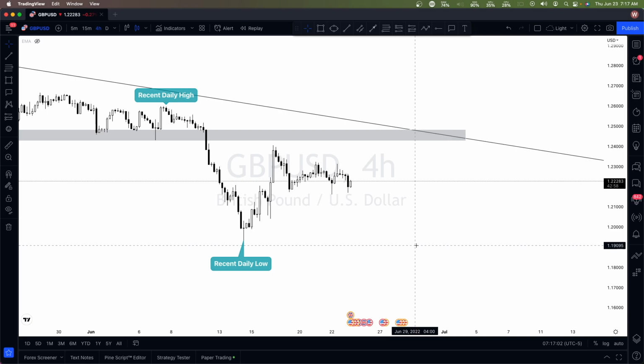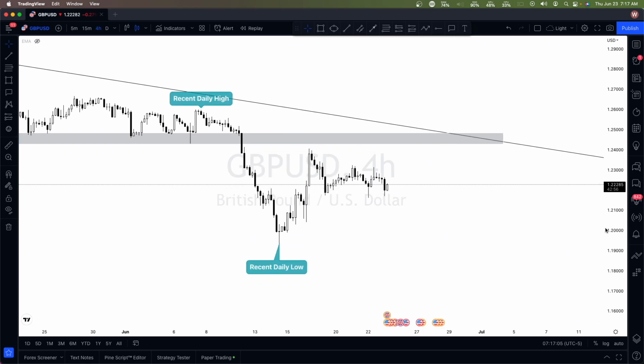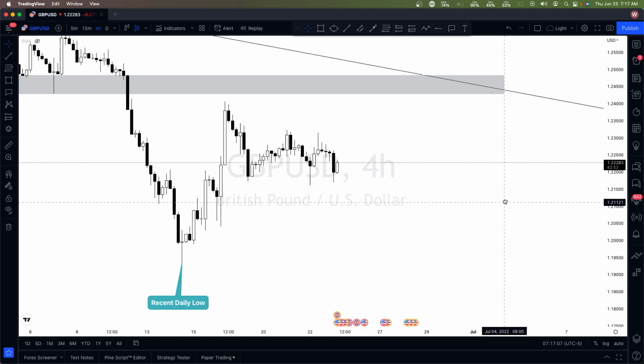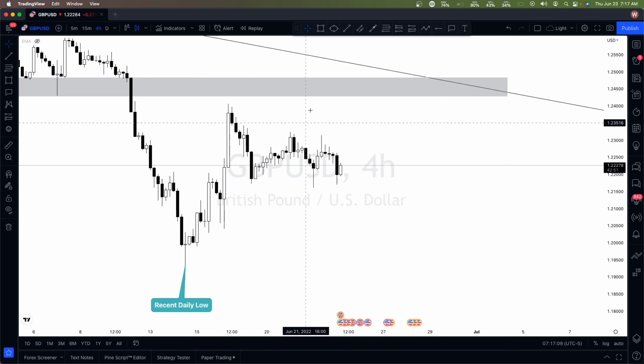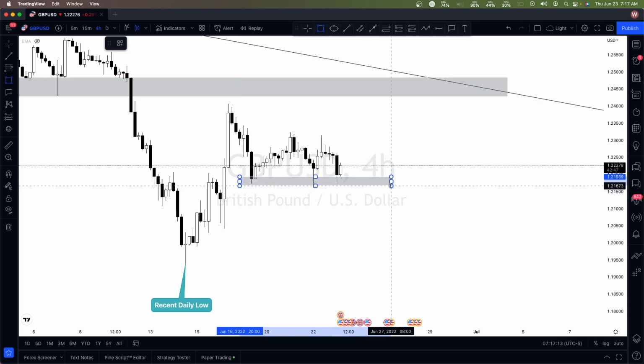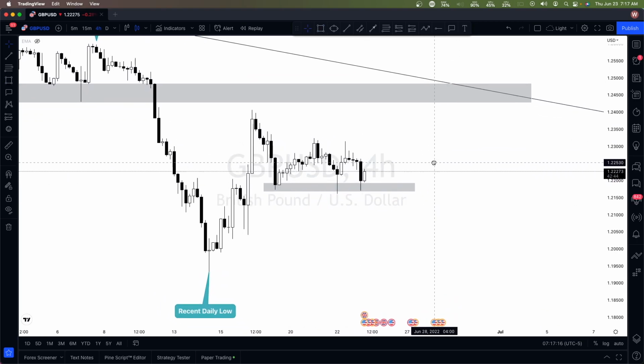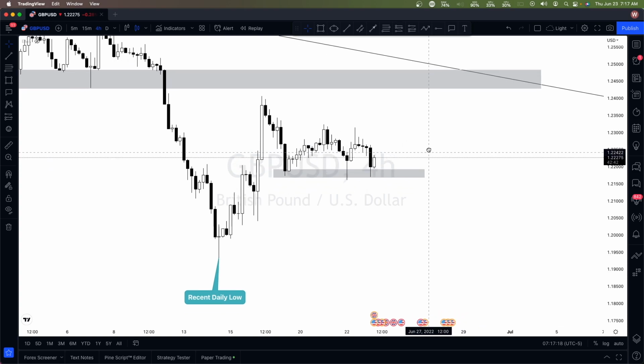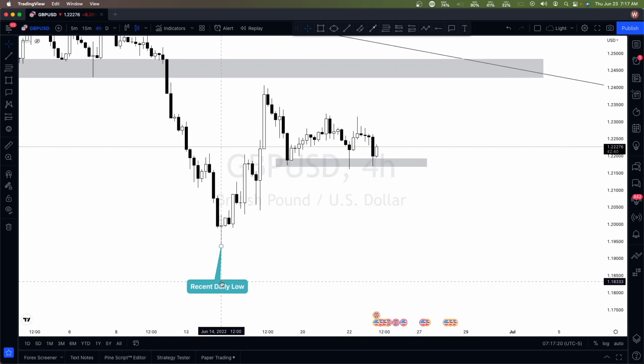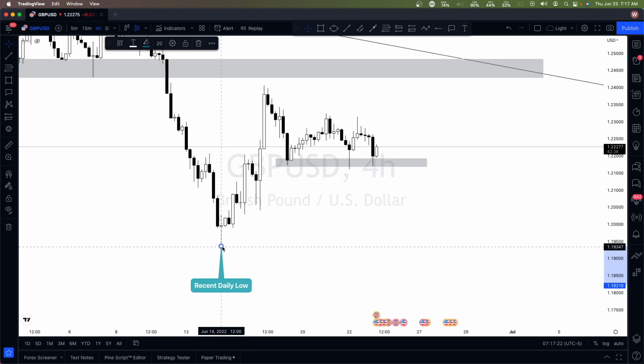And then the recent low and high on hourly 4. Our most recent low is still down here. I do see some more right there, but our recent low stays down here.